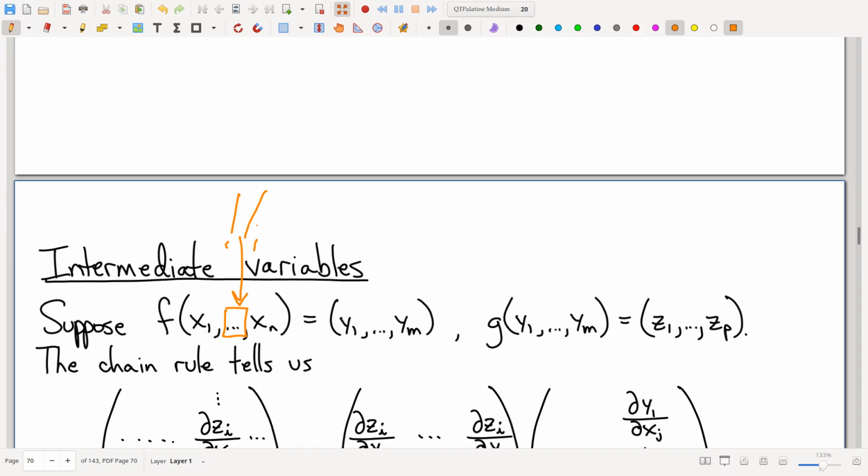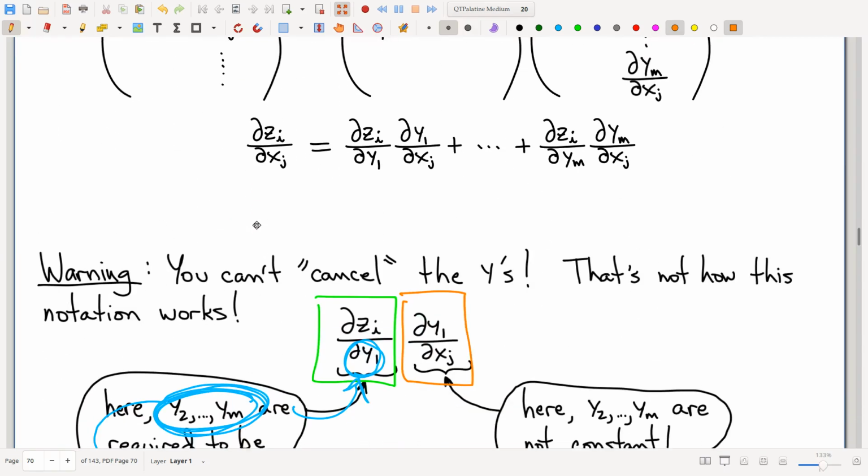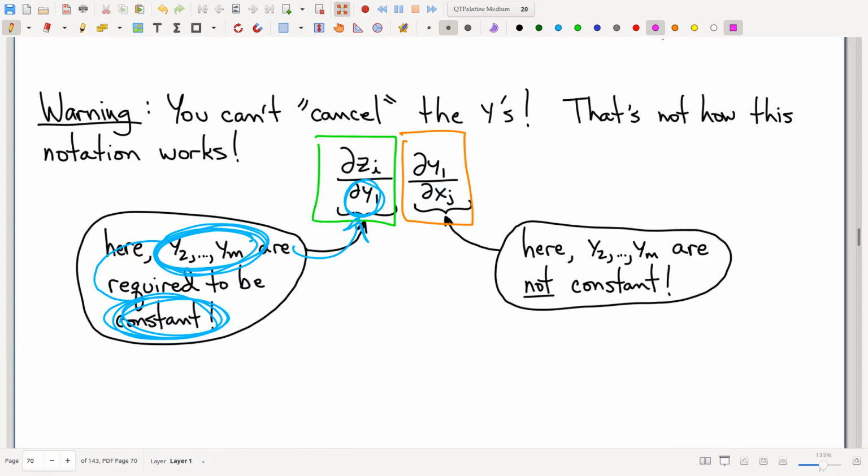All of your outputs are going to change too. So in this story, these y variables that were constant over here are now, very importantly, not constant. So what we have here is, in both cases, partial y1 is supposed to represent how much y1 is changing, but in totally different scenarios, completely different stories.